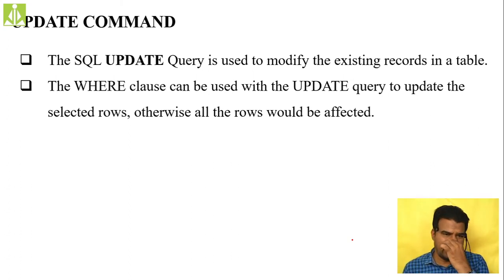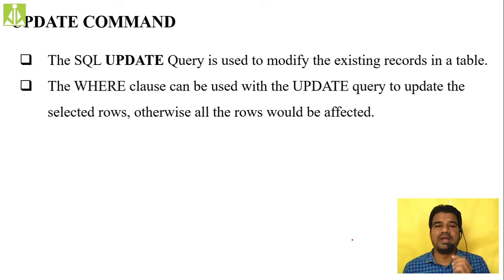So immediately what we have to do, we have to edit those details, isn't it? Deleting the complete database or deleting the complete record is not the flexible thing. We need to have the flexibility of editing that particular field itself. If age is entered incorrectly, we need to have the flexibility of editing that age itself. So that is what we do with the help of this update query or update command.